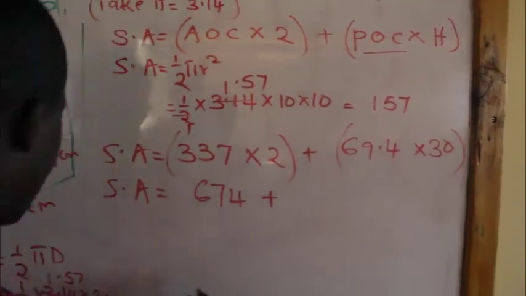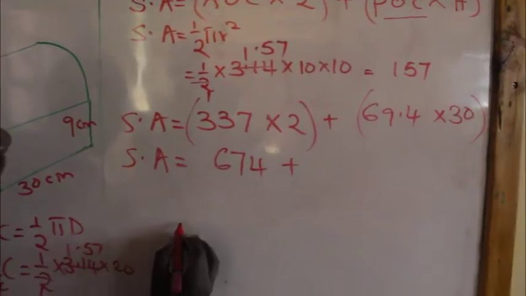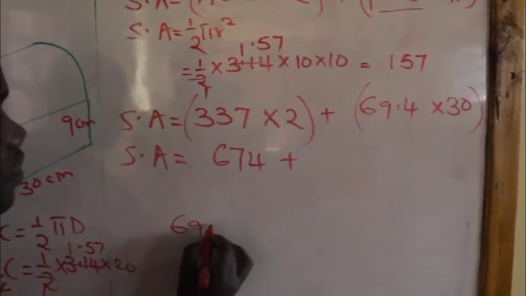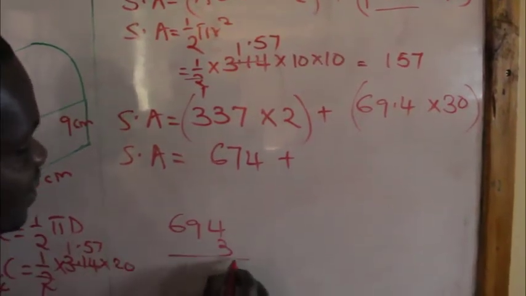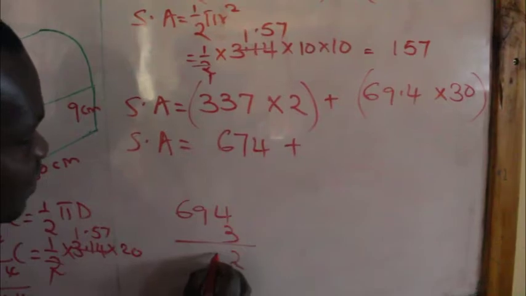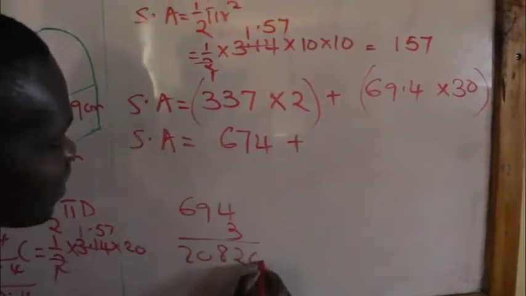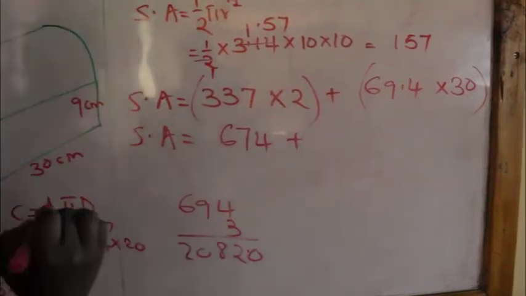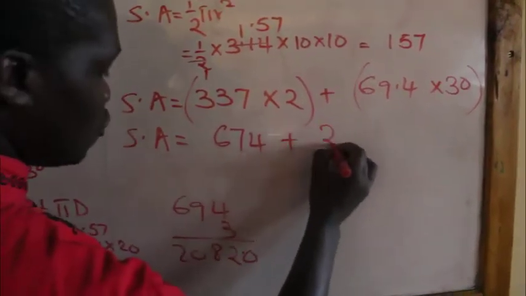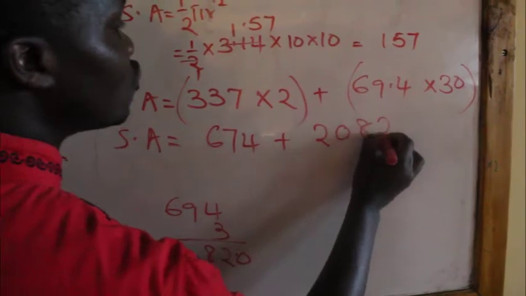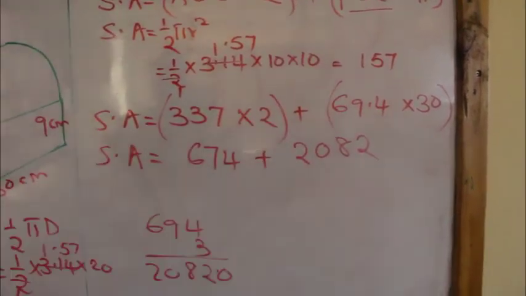So I want to multiply that. So let me do it somewhere here, 694 times 3, that is 12, 27, 28, 32, 18, 20. I added the 0, then how many decimals? It was 1 decimal. So my answer will be 2082. So we ignore the point.